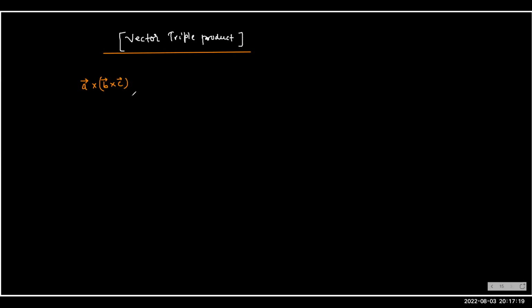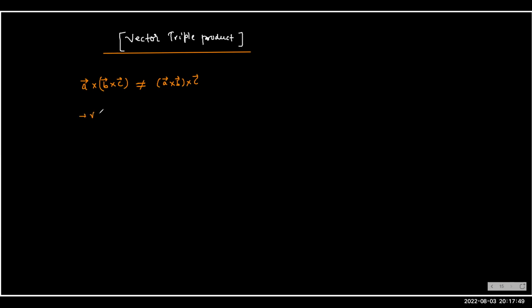Now, the first thing that you need to know about the triple product is that this is not the same as the other bracketing. So the moment you switch the pairing, if you take A and B first, then C, it is not going to give you the same answer. And that's why these triple products are non-associative.